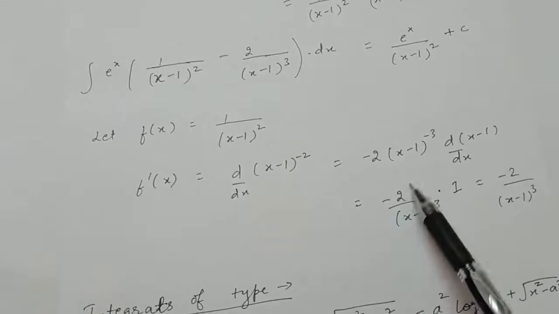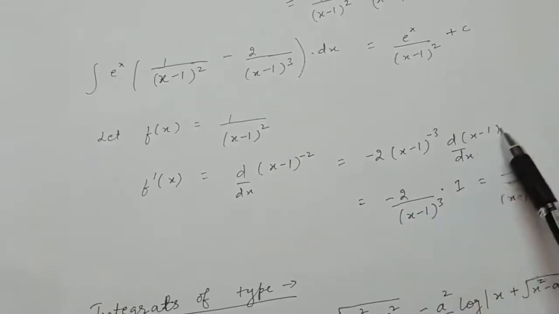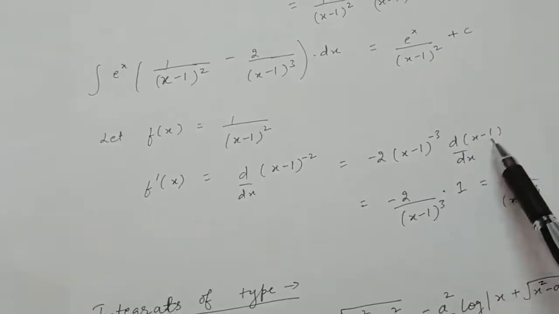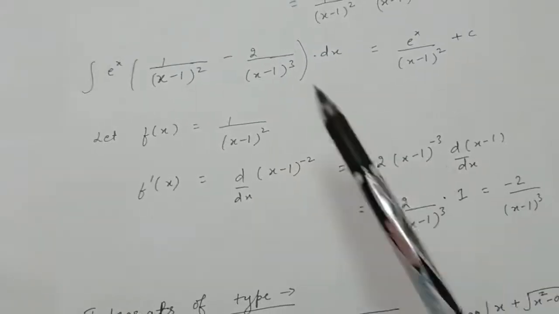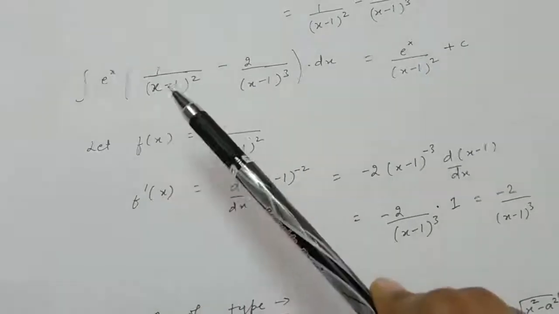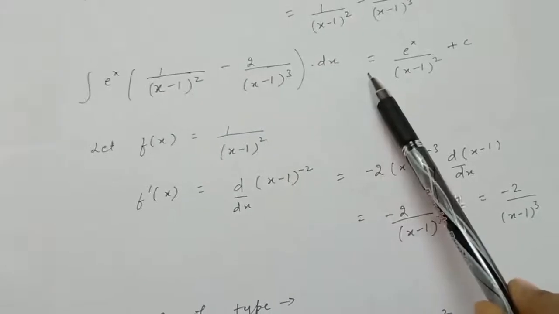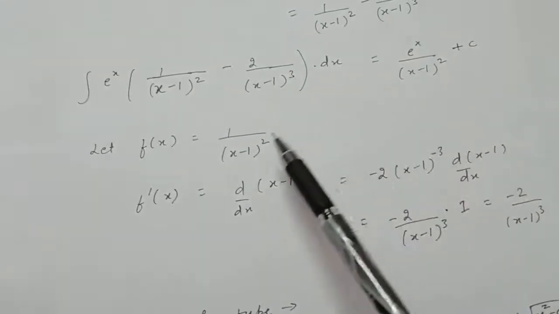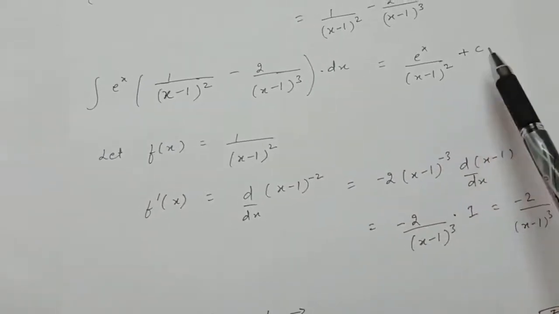Now this is minus 2 upon (x minus 1) cube into derivative of (x minus 1), which is derivative of x is 1 and derivative of minus 1 is 0. So you will get minus 2 upon (x minus 1) whole cube, right? Therefore we can say the integral of this function is equal to e raised to the power x into f(x), and f(x) is 1 upon (x minus 1) whole square, plus c. Clear?